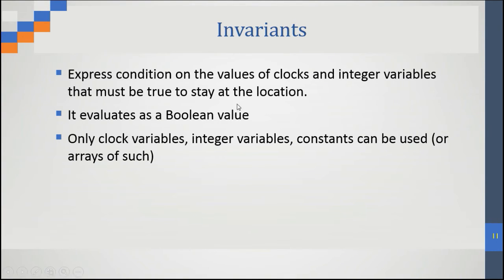Otherwise, the system will leave to the next location. As we said, only clocks and integer constants can be used for comparing, or as a part of this conditional expression.